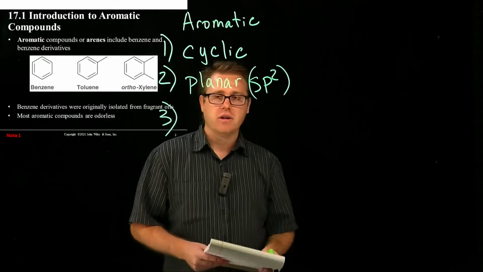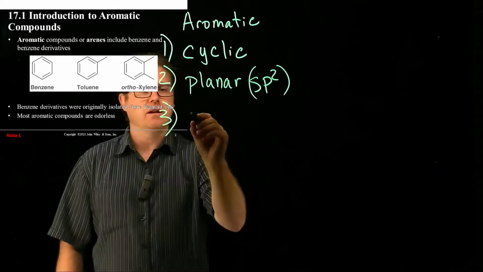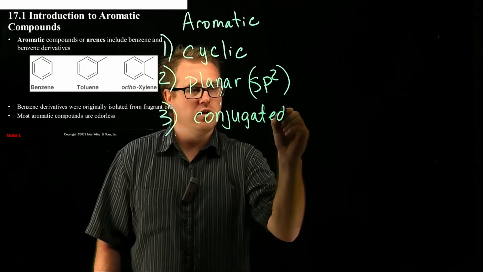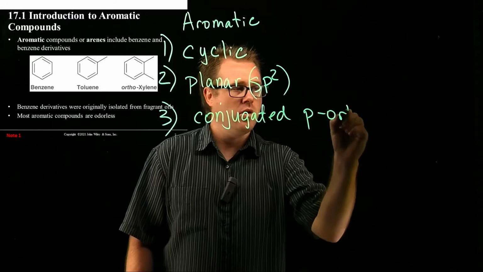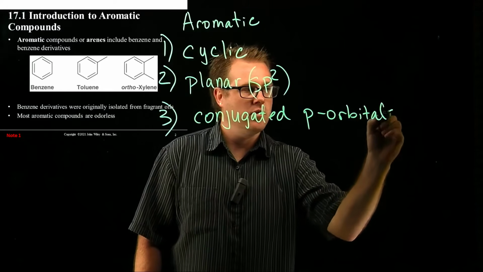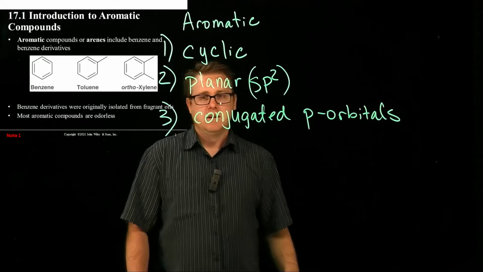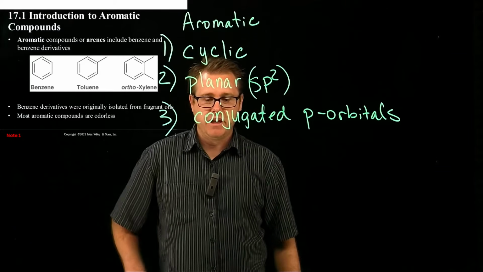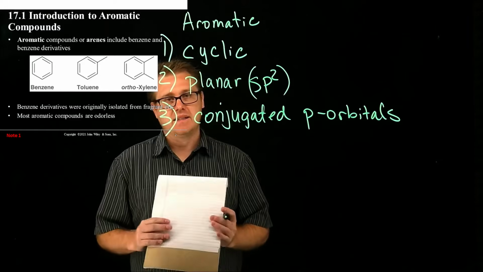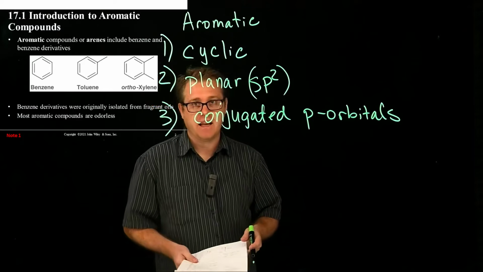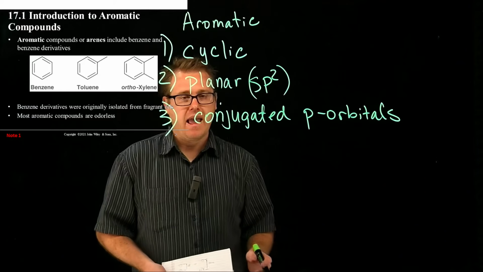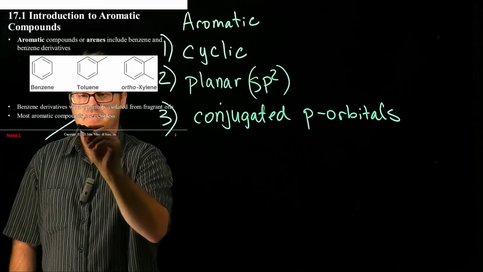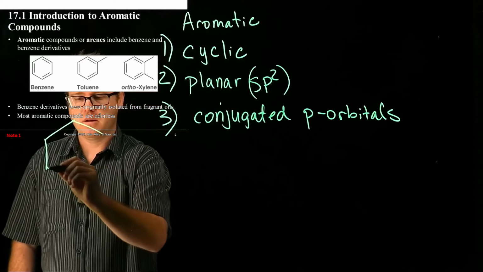The third thing that we need to look at is, do you have conjugated p orbitals? Now, when you look at benzene, we're going to look at a picture momentarily to see that it has conjugated p orbitals.